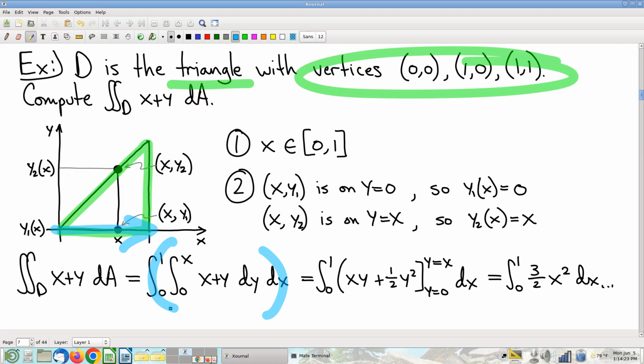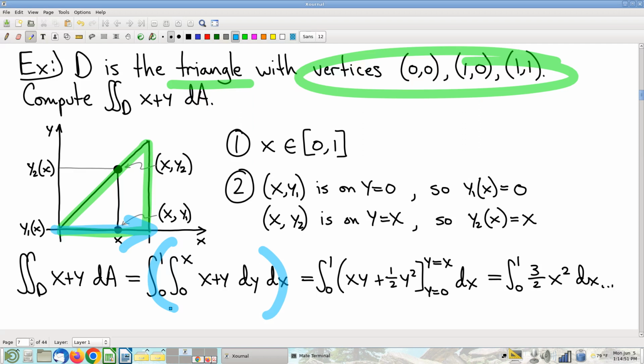Oh, by the way, another really big point. Make sure you always draw yourself a decent picture. A lot of what we're going to write down in the process of writing these iterated integrals is stuff that you're going to infer from the picture. So it's really important to have a decent picture, and again, for 2 reasons. On the one hand, it's a big help for your geometric interpretation, to make sense of what you ought to be doing.